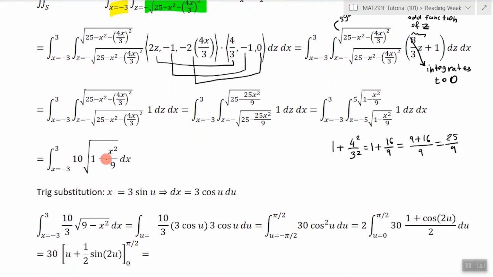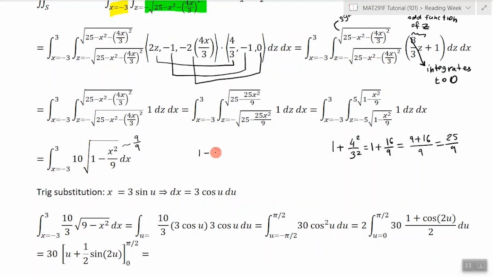A nice substitution for this kind of square roots is using sine, and I sort of want to kill this 9 with this 3. Another way I like to think about it is I like to imagine this as a side of a triangle. So I multiply the top and bottom of this guy by 9, and that's how I get the following.